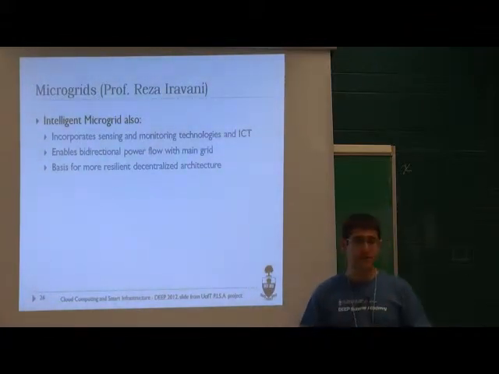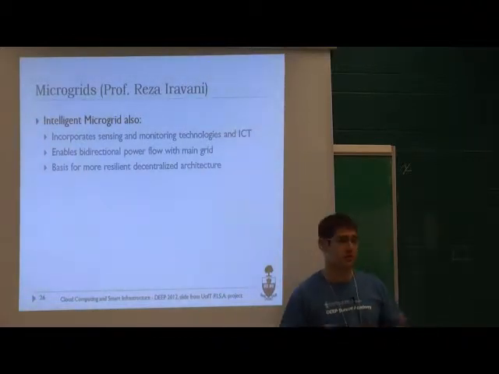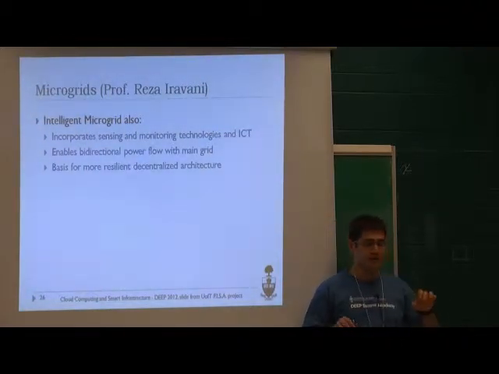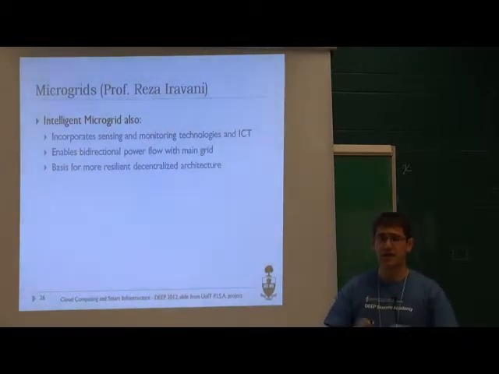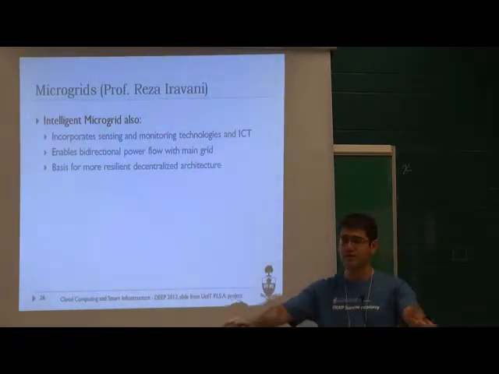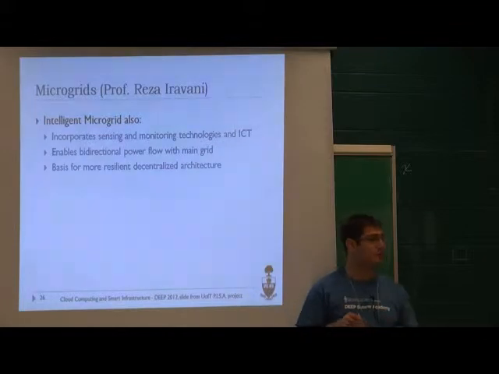Now, this acts as the basis for an intelligent, decentralized architecture. So you don't want to be having faults in the places that you're not finding, and you want different parts of your system to be intelligent, to be self-healing, to not necessarily be centralized, to be able to solve their own problems and deal with things, right?